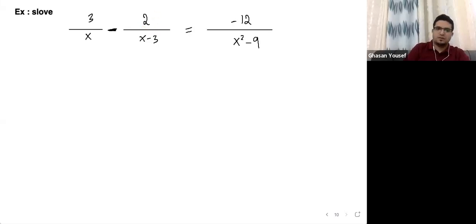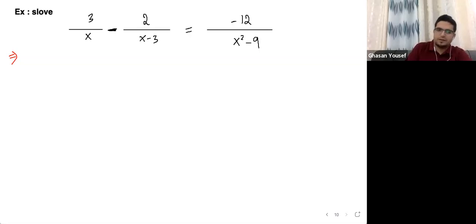Now, to solve this equation, I prefer to move everything to one side, and the other side again is 0. So to move everything to the other side, I have to add to both sides this fraction. Here we have negative 12 over x squared minus 9, so I have to add 12 over x squared minus 9.